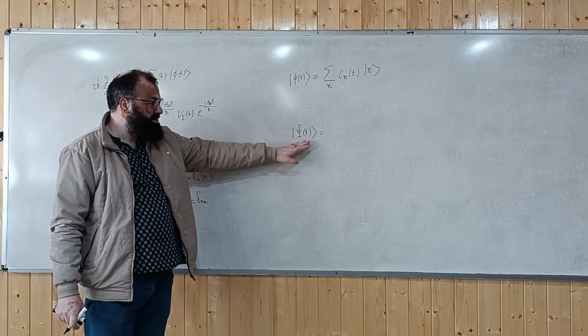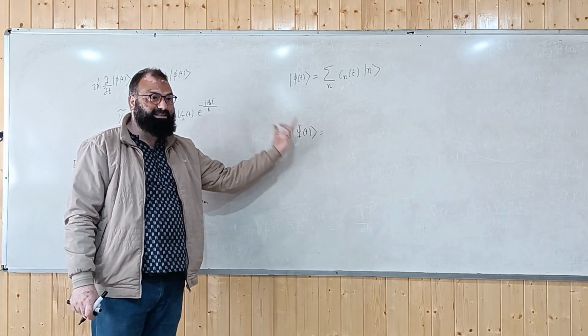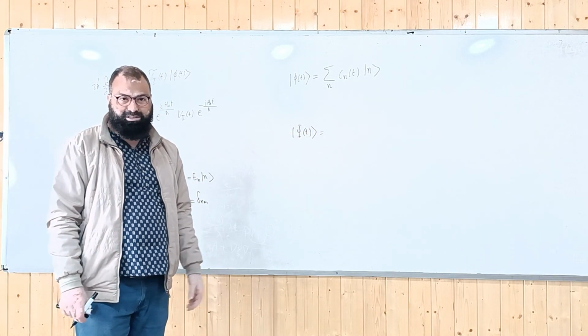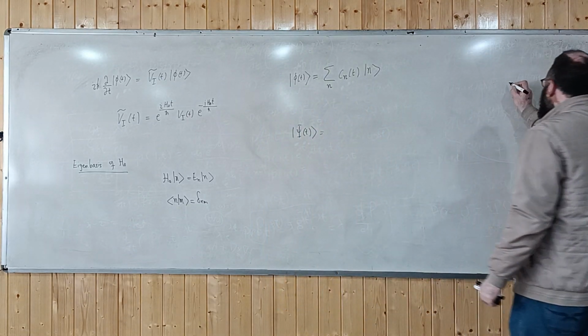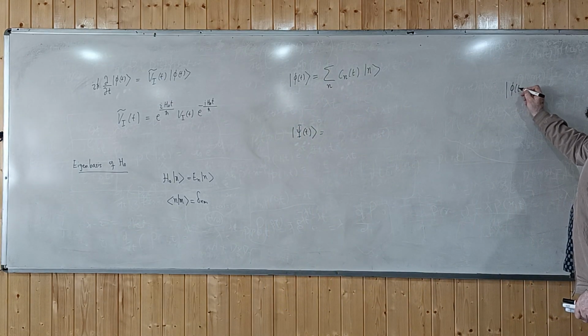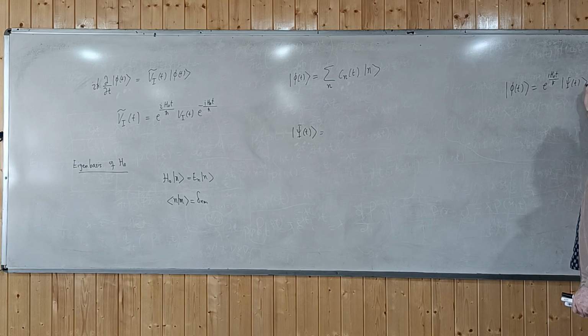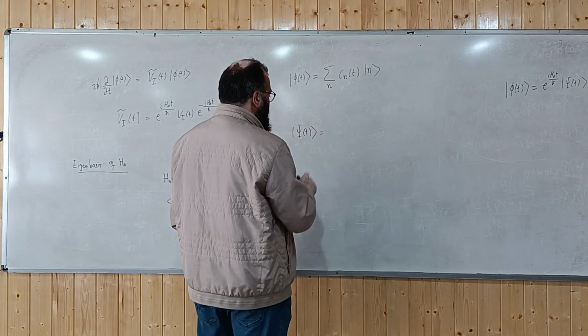And |ψ(t)> was a state vector defined in the Schrodinger picture, or in the Heisenberg picture. Clear? If you remember, yesterday we wrote |φ(t)> = e^{iH_0 t/ħ} |ψ(t)>. Got it?